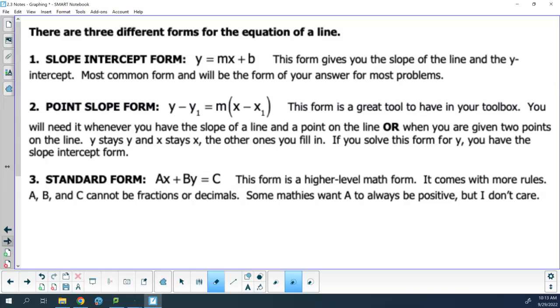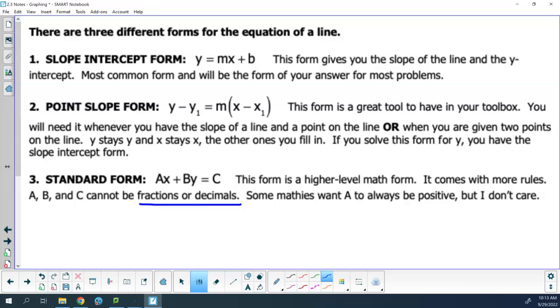With slope-intercept form, you know where it crosses the y-axis and its slope. In standard form, you don't get any of that given to you. You have to find it all. But the kicker is, because it comes with more rules, the first rule is no fractions or decimals. So it's all integers.